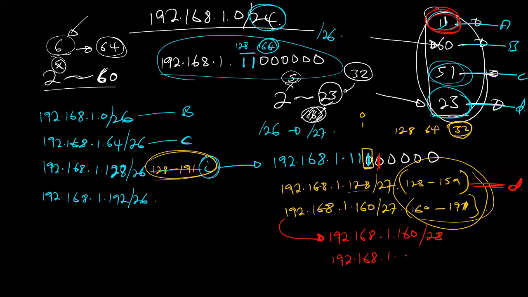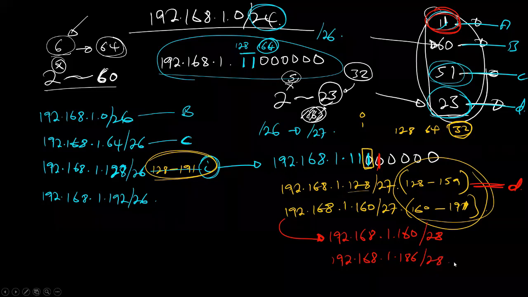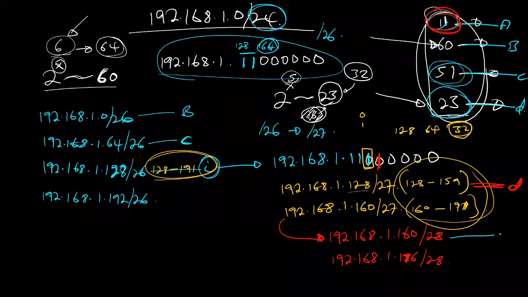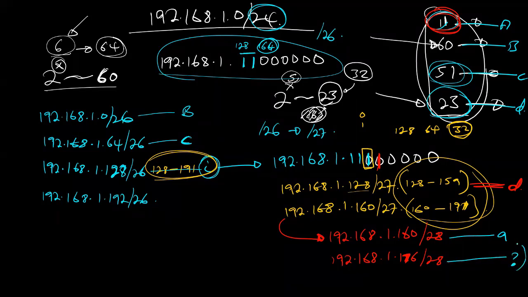This plus 16, 176. 1 times 16. 160 plus 16, 176. Oh, sorry, 176. Thank you. Sorry. 176/28, giving us our solution for network A and an extra network for use in the future.